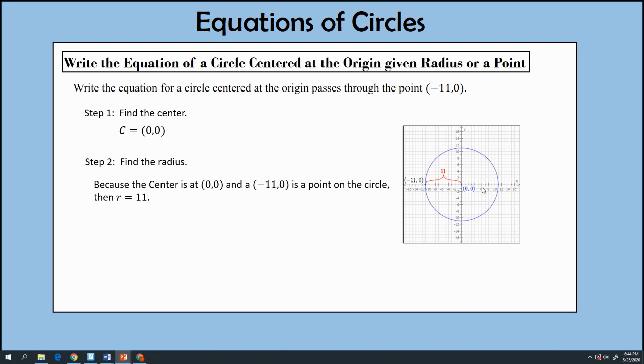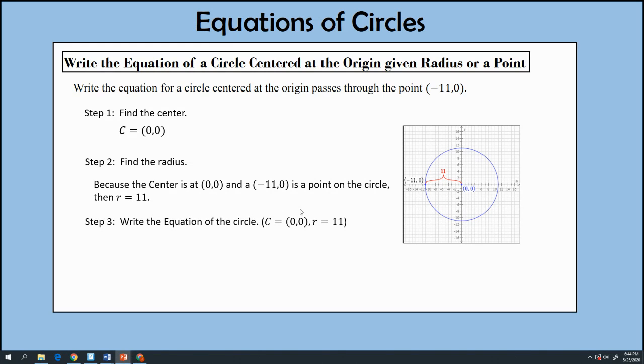So in our case, if our center here is at 0, 0, and the point on our circle is -11, 0, the distance from the center to the point on the circle is a case here where we can count because it's a horizontal distance, and the distance there is 11. So I now know the radius of my circle is 11.